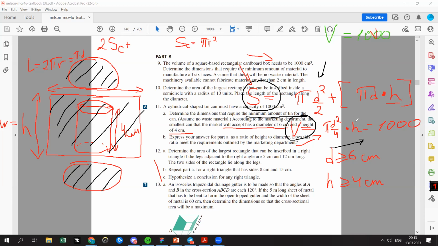One more interesting thing to note in this task is to take a look at how your volume depends on height and diameter. Are you here? Yeah. So look, take a look at this. You see that your height has no power, or power equals 1, while diameter has second power in it.